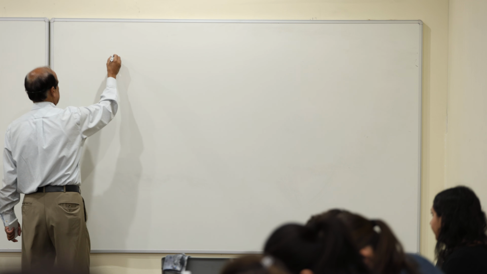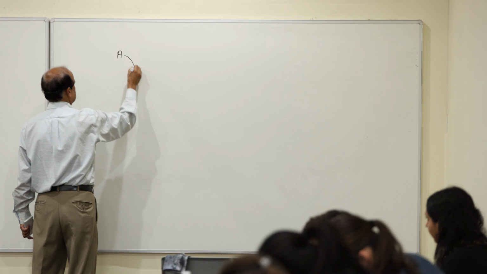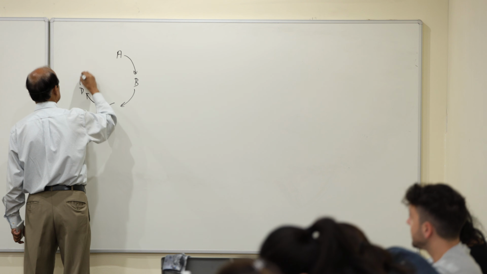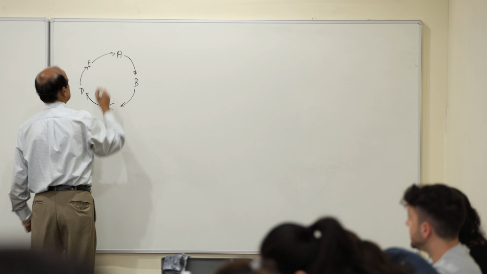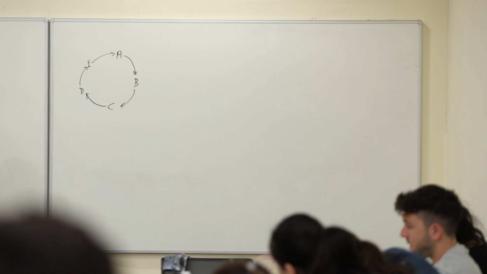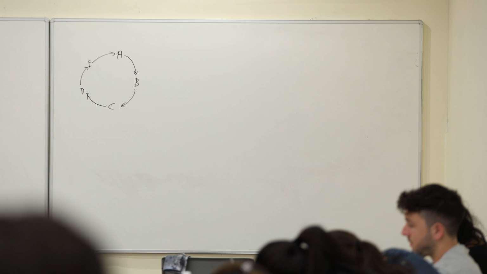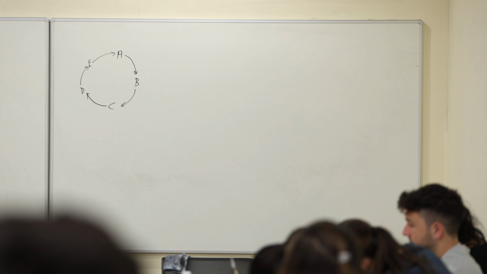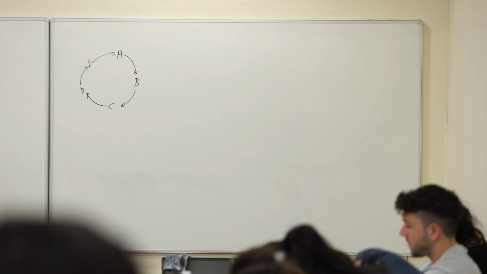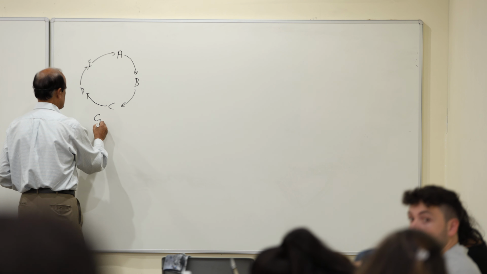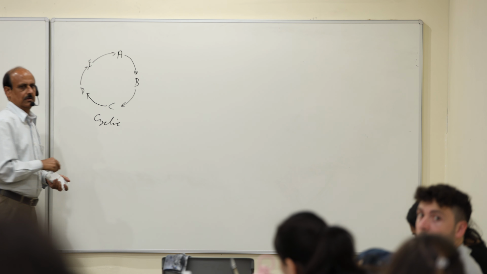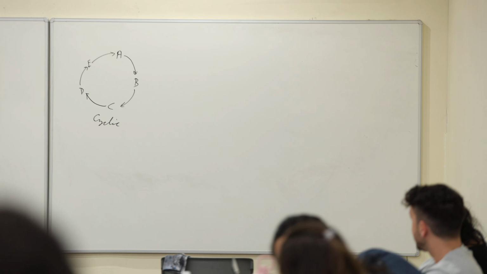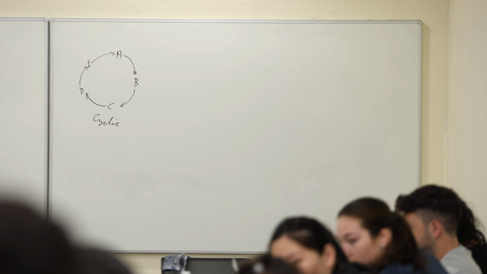So you will start with A, and then A converts to B. So if you are starting with a certain compound, then at the end you get back the same compound, and that is called a cyclic pathway. And whenever you have that, the obvious question that comes to mind is, what do you achieve? If you start and end with the same thing, what is achieved in this?